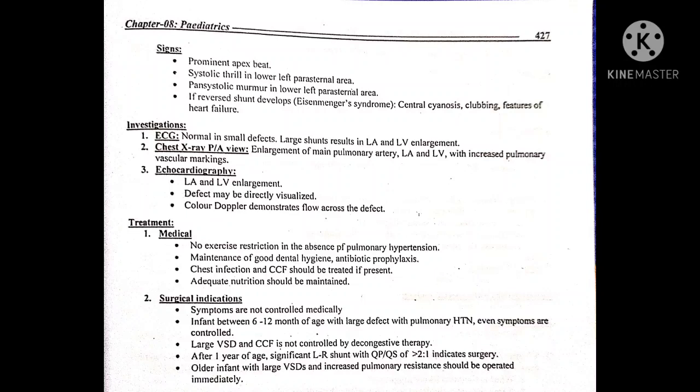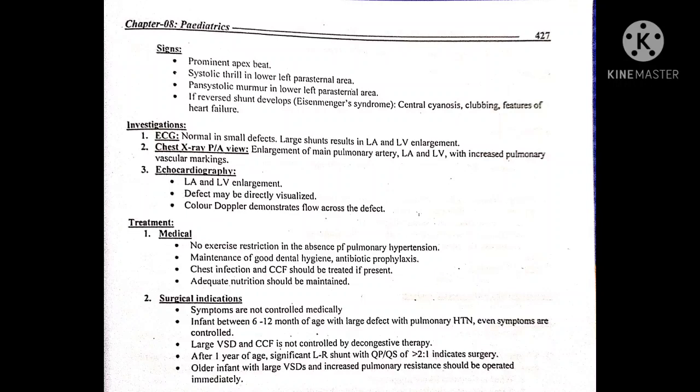We have to do surgery when symptoms are not controlled medically. Infants between 6 to 12 months of age with large defect with pulmonary hypertension, even when symptoms are controlled. Also, when large ventricular septal defect and congestive cardiac failure is not controlled by decongestive therapy.